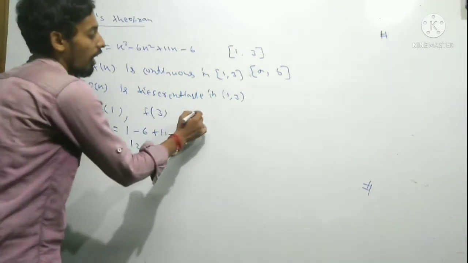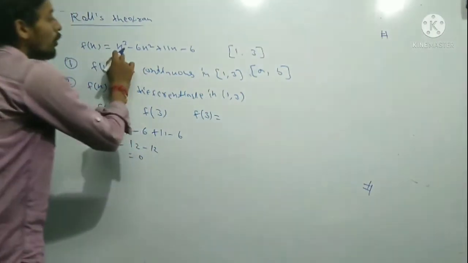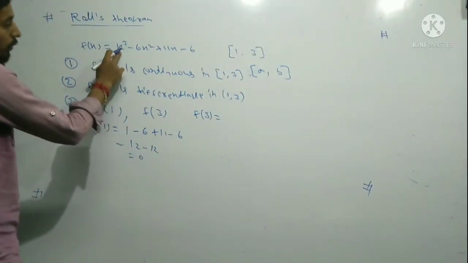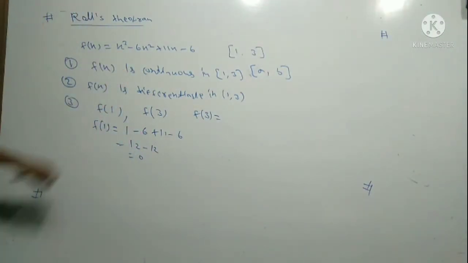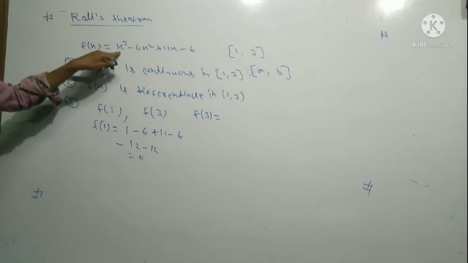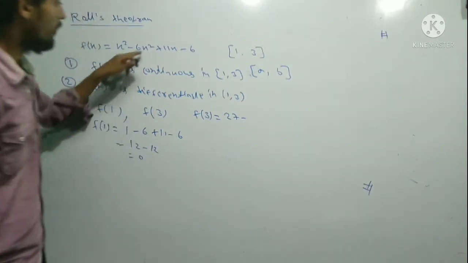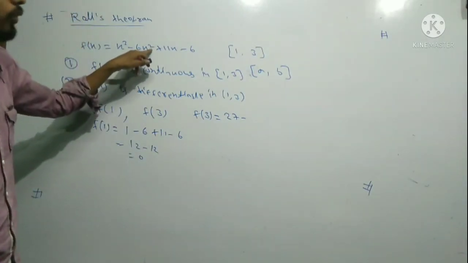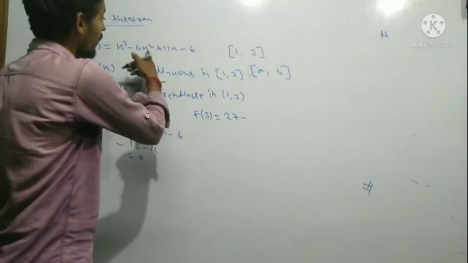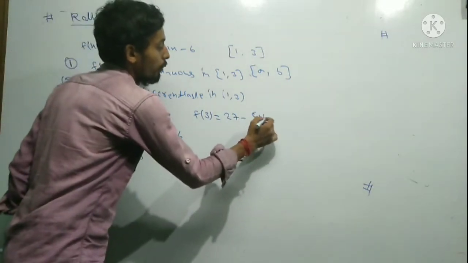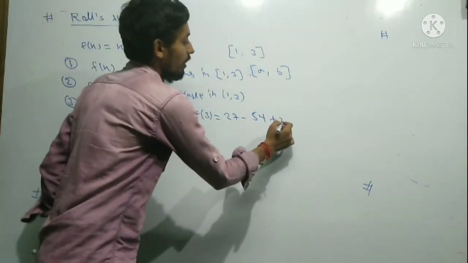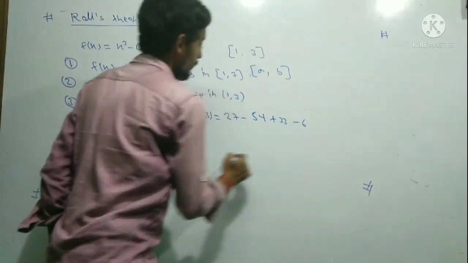So we find f(3). Here we put the value of x equal to 3. When we put x equal to 3, what do we get? 3 to the power 3 is 27. And 6 times 3 squared, which is 6 times 9, is 54, and 11 times 3 is 33, minus 6.